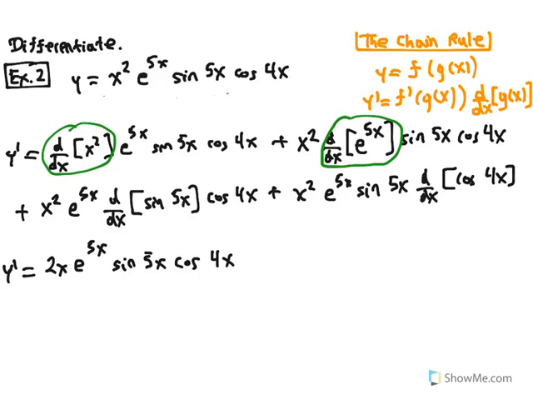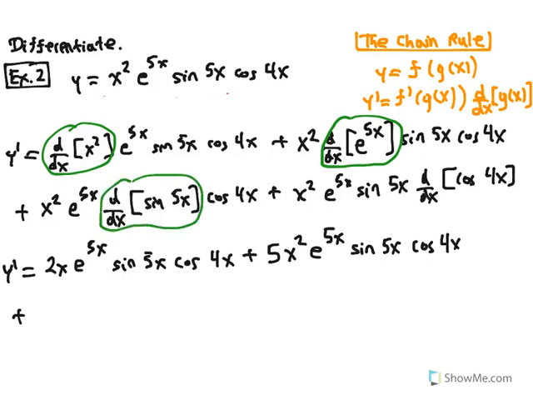So that would give me 5 times e to the 5x. And I'm just going to write 5 times x squared times e to the 5x times sine of 5x times cosine of 4x.